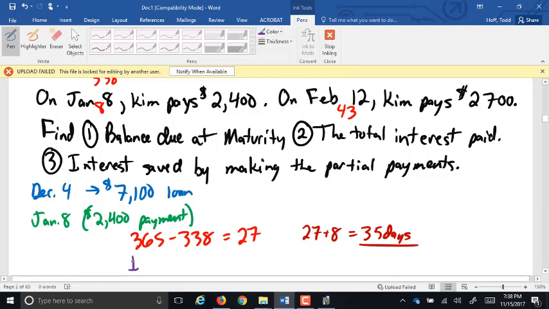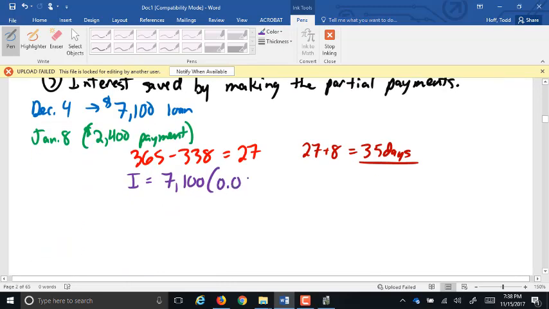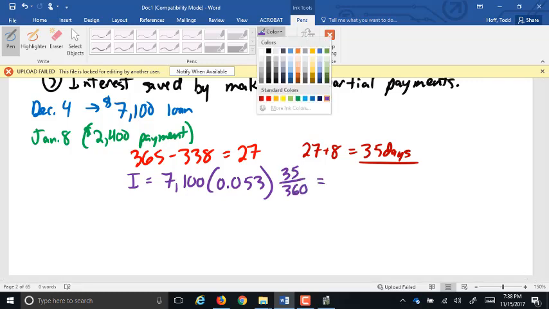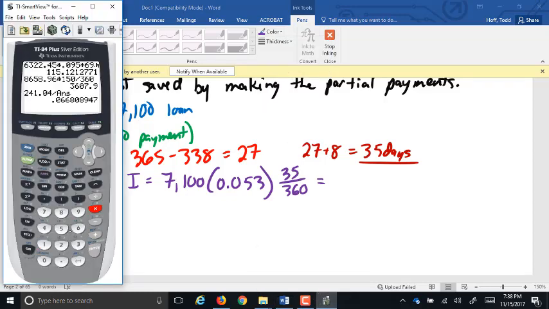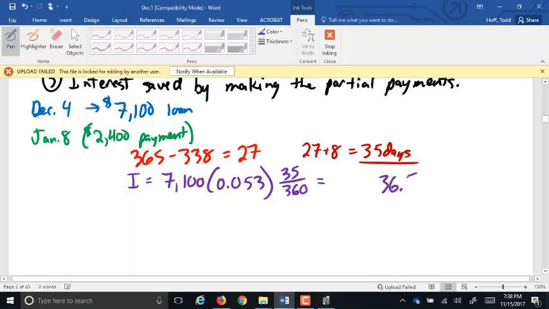So the interest is on the $7,100 at 0.053 for 35 over 360, giving us $36.58.